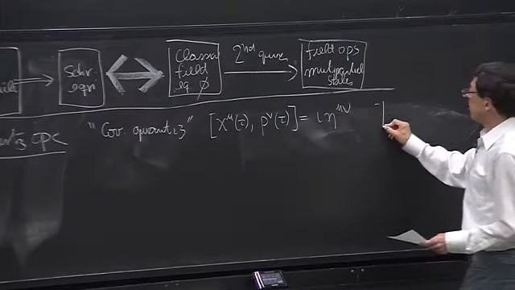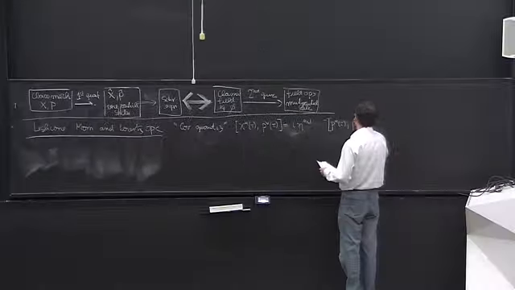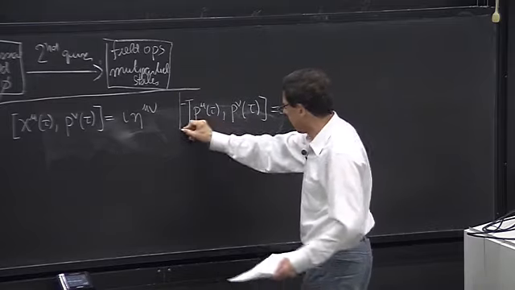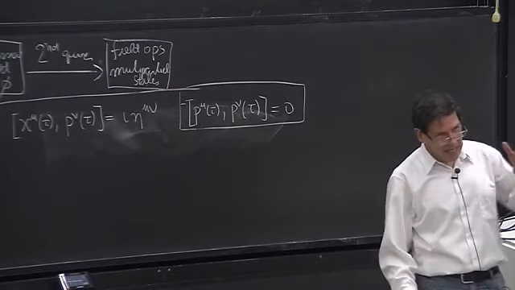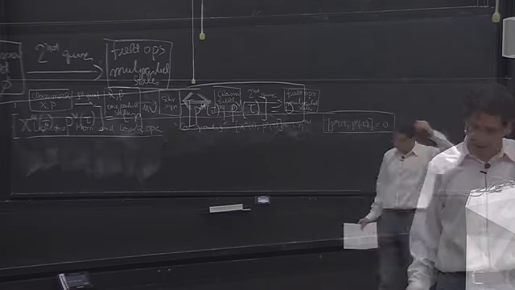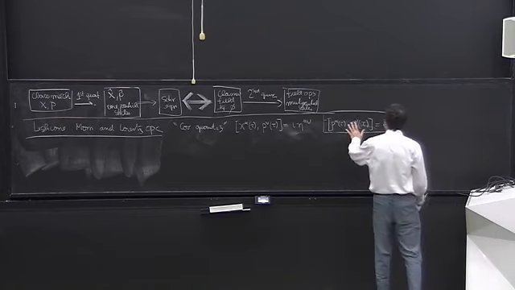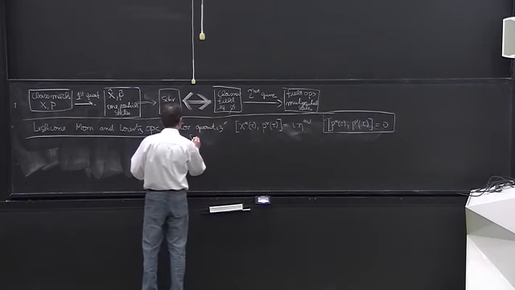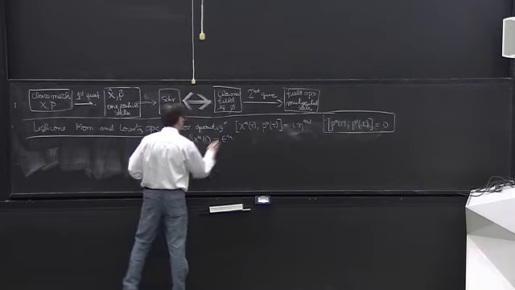And you would also say that p mu of tau, p nu of tau, the momenta commute and the coordinates commute, but in particular, the momenta commute. Now, if momenta generate translations, they better commute. So how do momenta generate translations? Delta x mu of tau, say, equal to epsilon mu.